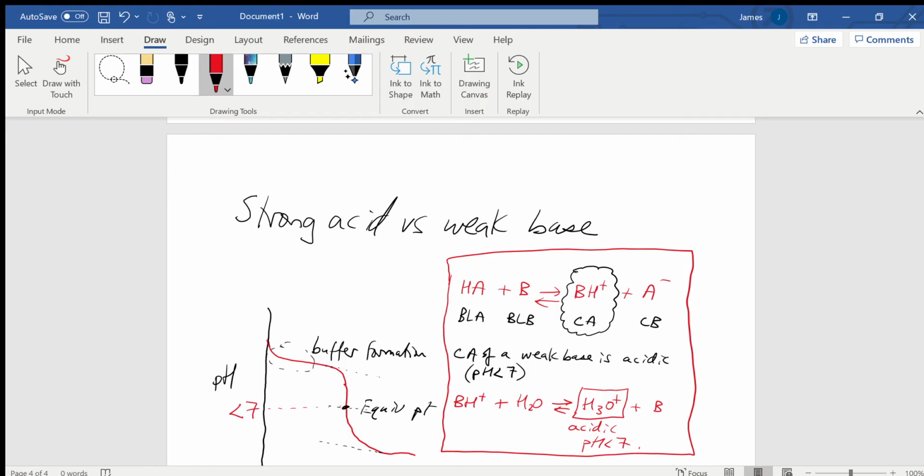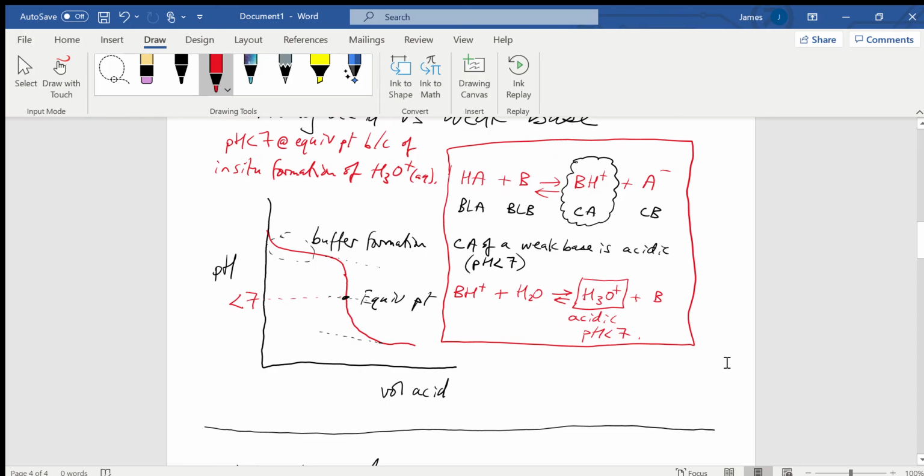So we generate in situ hydronium ion. So the pH is less than 7 at the equivalence point because of in situ formation of hydronium ion. Okay, so that is why you would get a pH at the equivalence point less than 7.